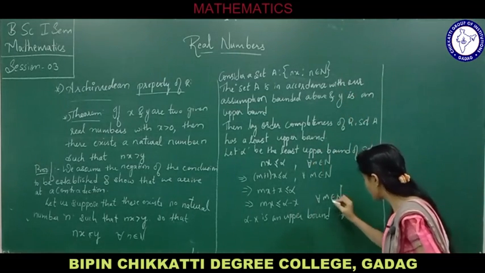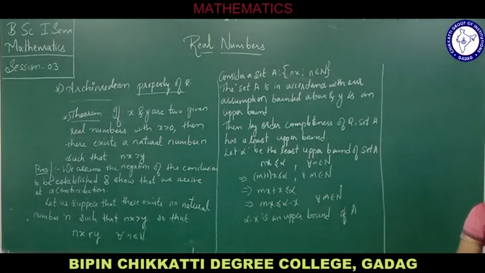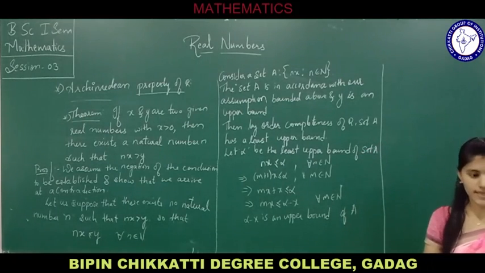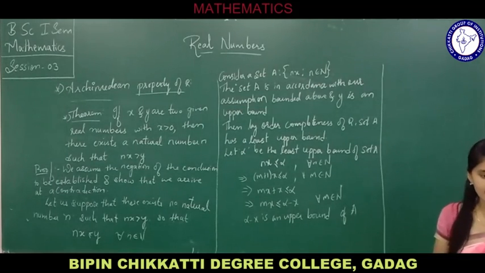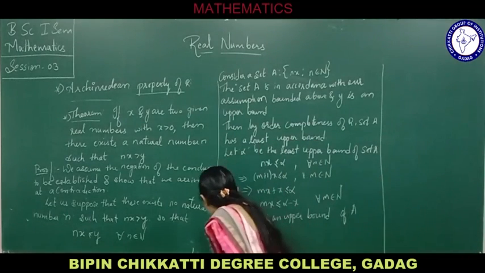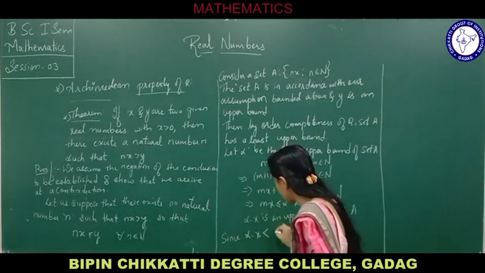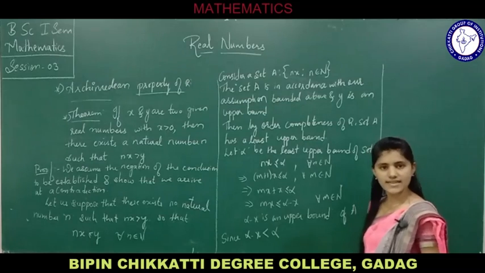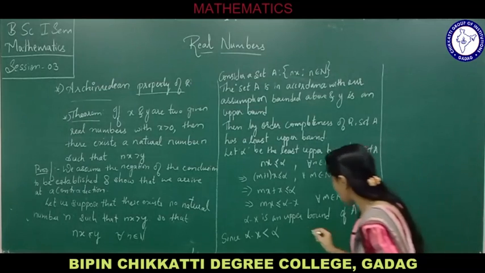So we got alpha minus x as an upper bound of A. Since alpha minus x is obviously going to be less than alpha, we contradict the statement. So what we obtained is the contradiction.